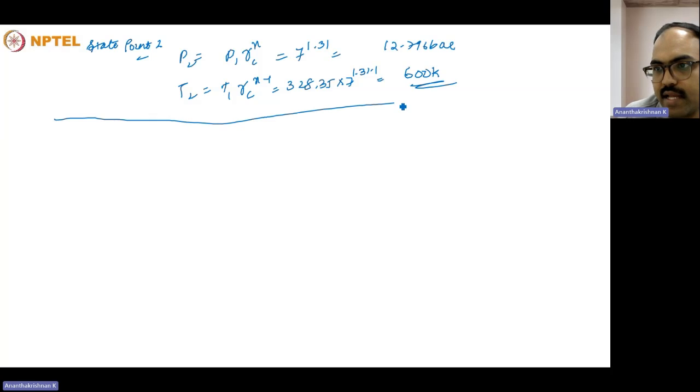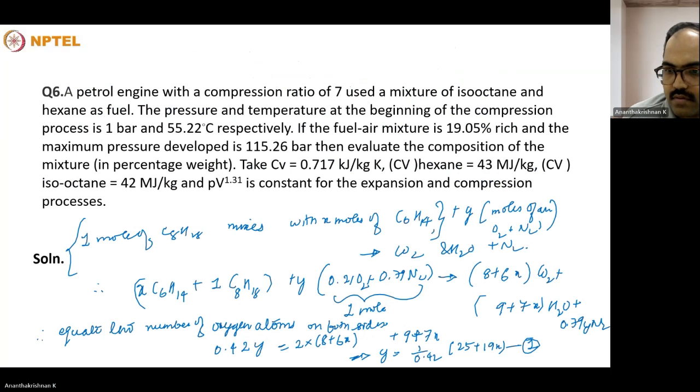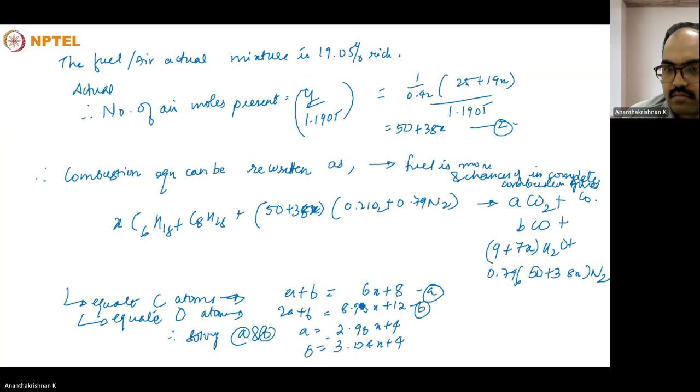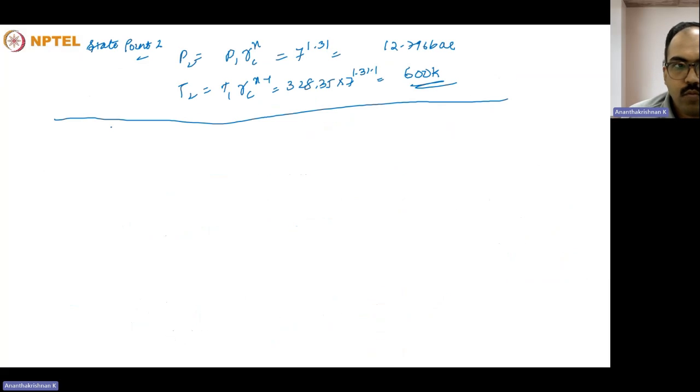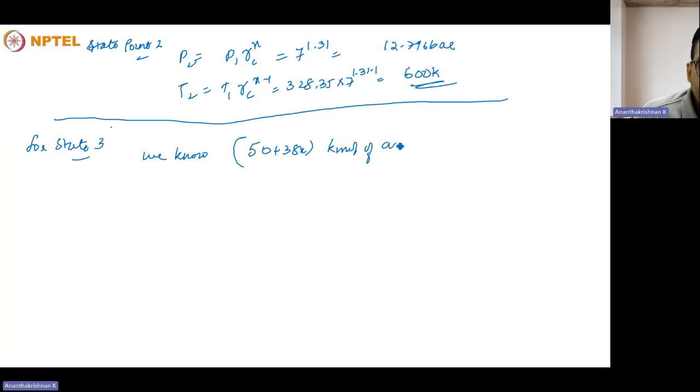Now we have to determine state point 3, that is, after the constant volume heat addition. It's an SI engine. We know there are 50 plus 38x kilomoles of air.